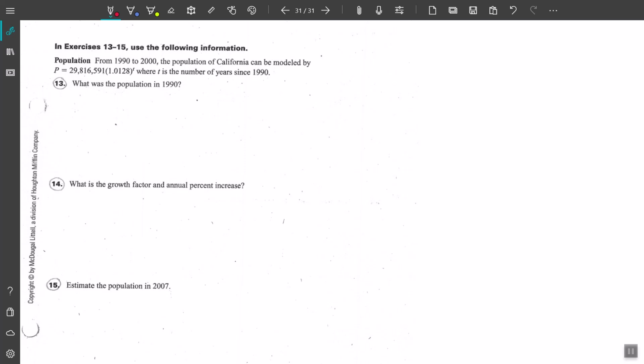And if we're going to assume that, then we'll continue to use the function they gave us in the problem. And what's going to happen, though, is our t is going to change. So our t is going to change to 17 because the number of years between 1990 and 2007 is 17. So we've got that exponent there.